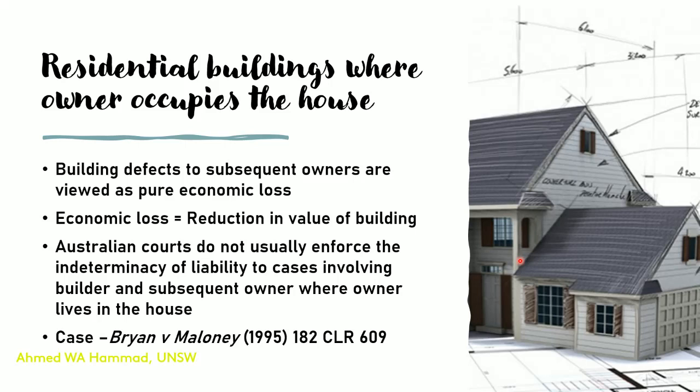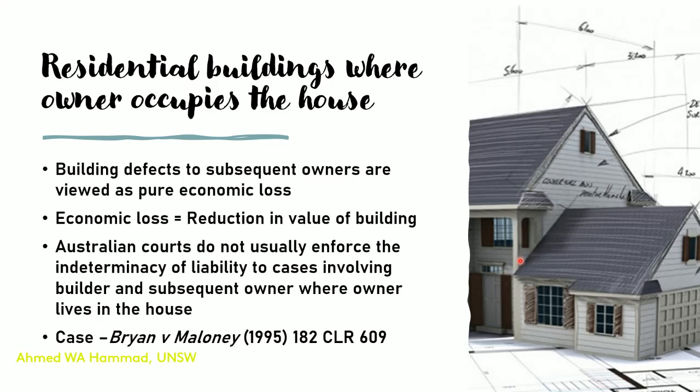If the building defect results, and you've got subsequent owners who are all considered occupiers of the house, then the resulting defect is viewed as a pure economic loss. And the owners in this case would be reimbursed for the reduction in value of the building.